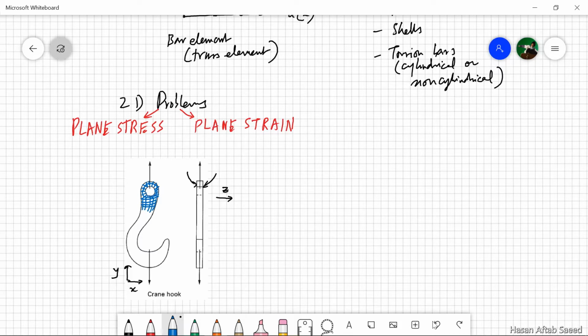Now, what this means is, if it was a 3D problem, then we would have needed to, for example, this is the problem. There would have been some thickness here, and we would have needed to mesh the thickness direction also, and then we would have needed not area elements but volume elements, or what is called solid elements.